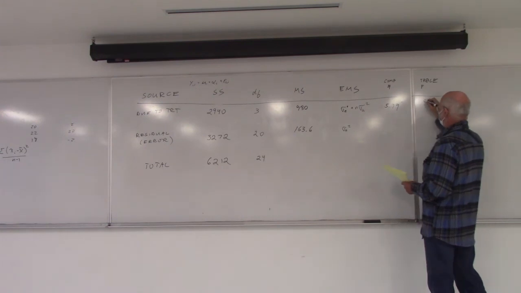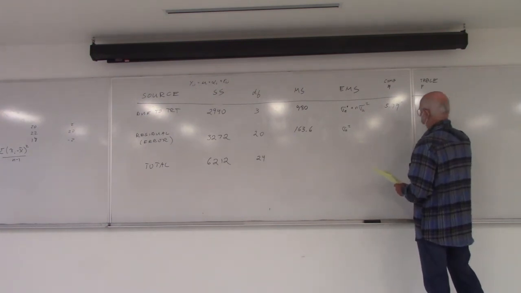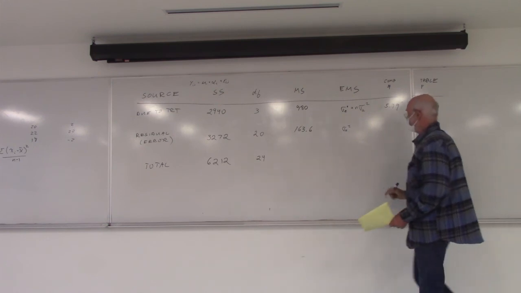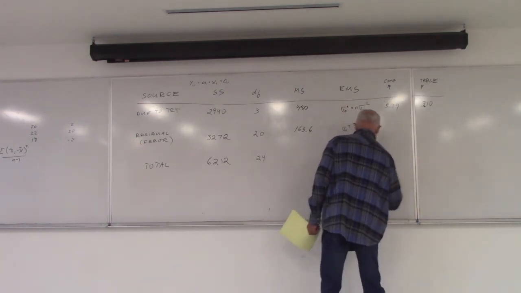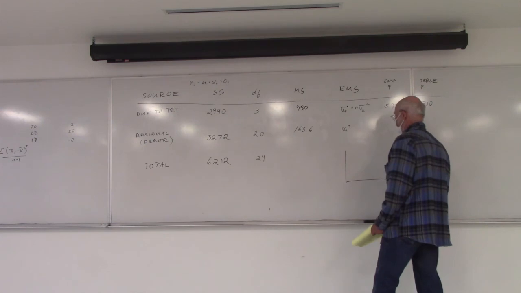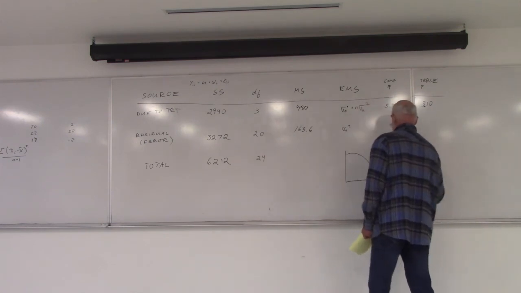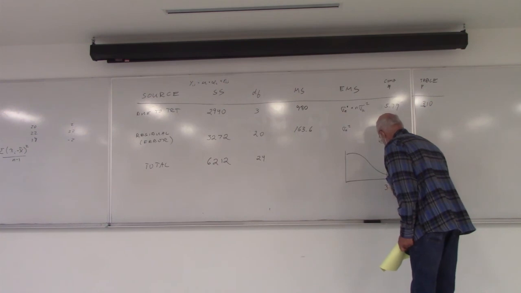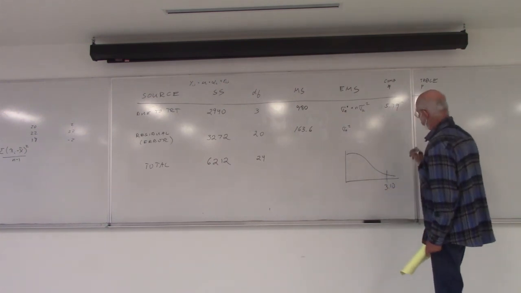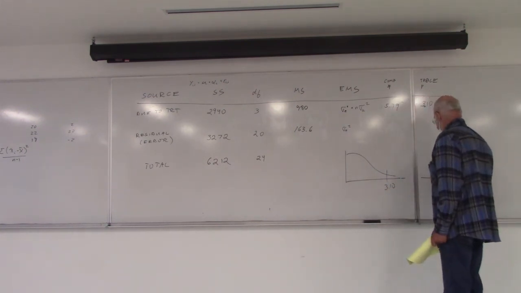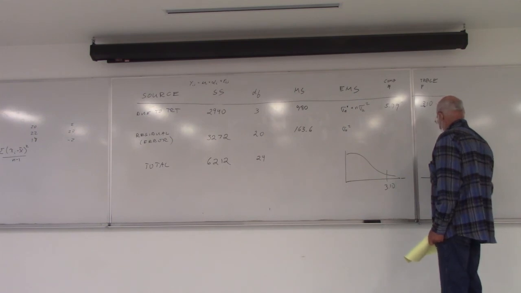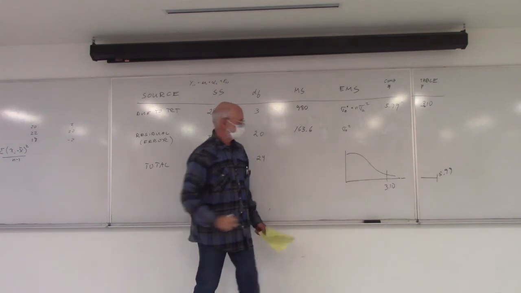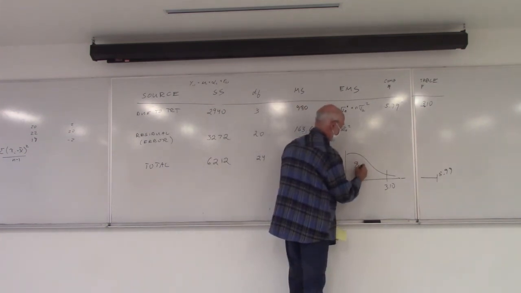The table value for F is 3.10. So here's our F, right? Our table value is 3.10, and we are at 5.99. We're out here. So what do we conclude? This is the 95% region.